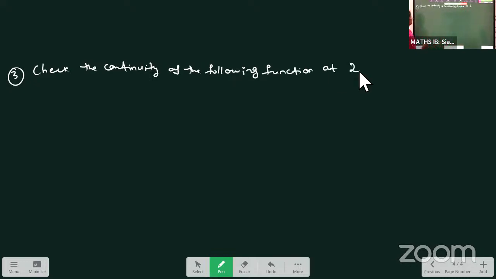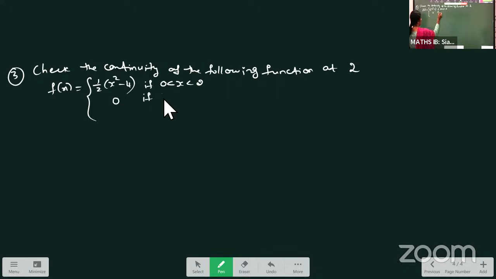The question is f of x is equals to half of x square minus 4 if 0 less than x less than 2, 0 if x is equals to 2, 2 minus 8x to the power minus 3 if x greater than 2.